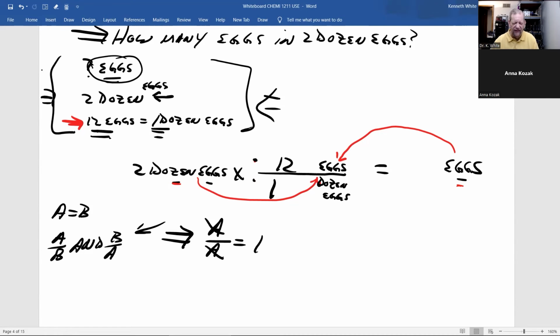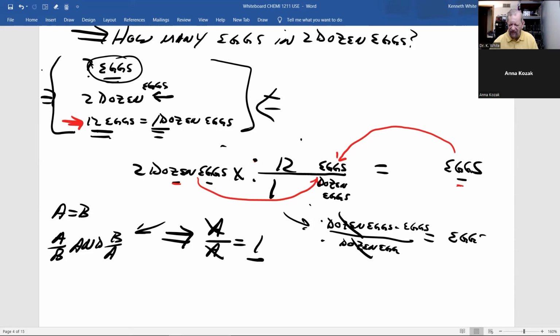So notice here, if I multiplied this to units here, I would get dozen eggs times eggs divided by dozen eggs. And notice these two are the same. A divided by A is 1. And this means my units will end up in just eggs.